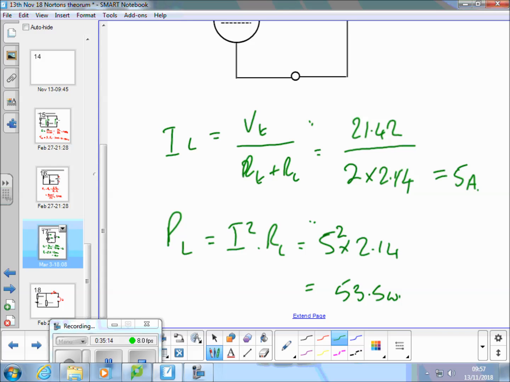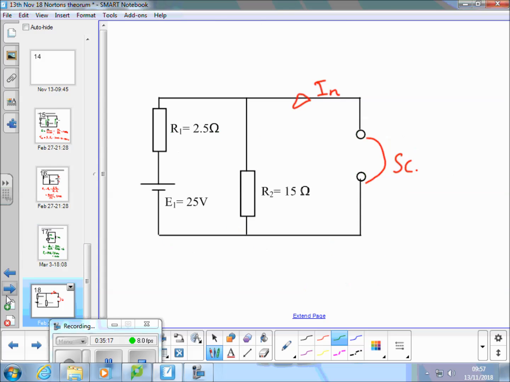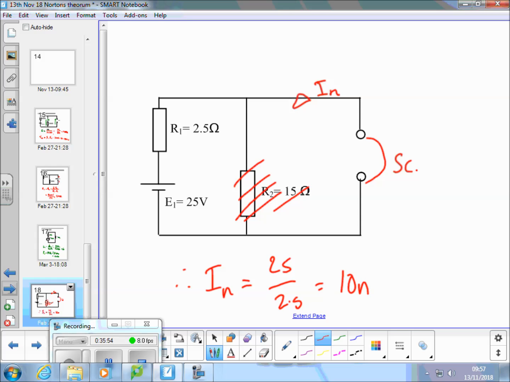Okay, so Norton's. Instead of the open circuit voltage, we need to find the short circuit current. So we short circuit the output, that effectively short circuits that resistor, and therefore we don't need to consider it. Okay, and therefore IN is equal to 25 over 2.5, equals 10 amps.